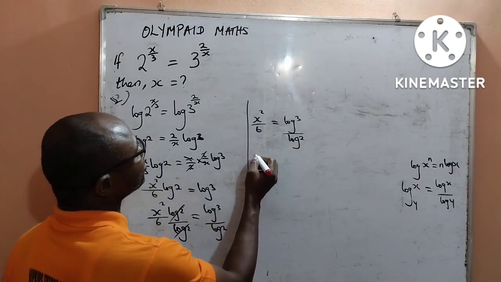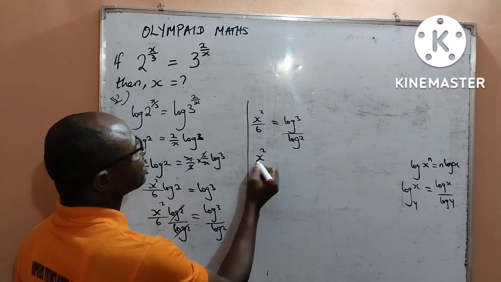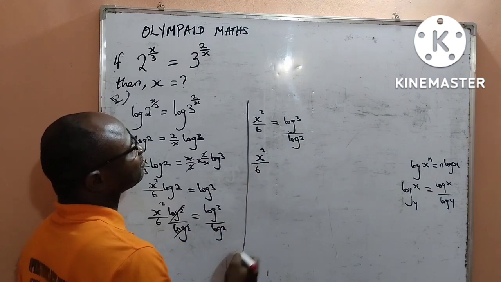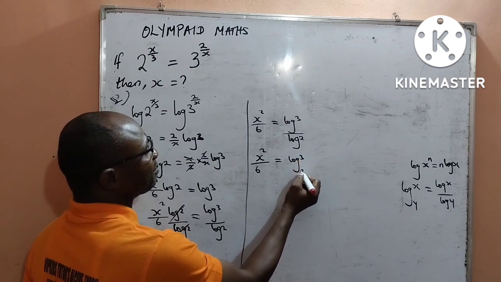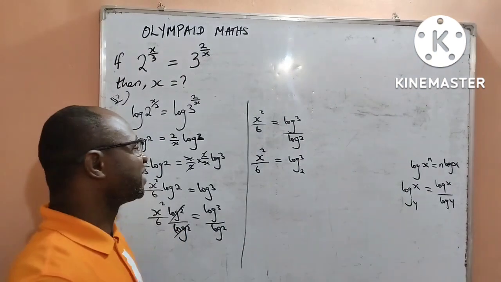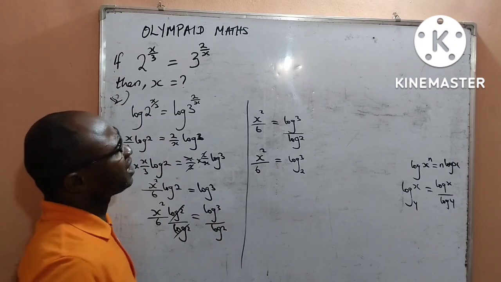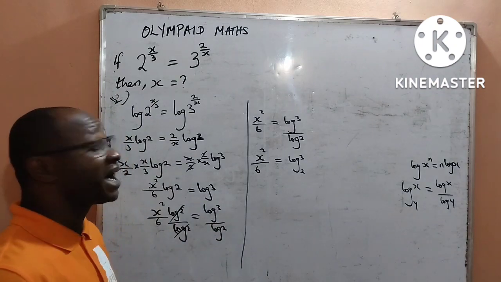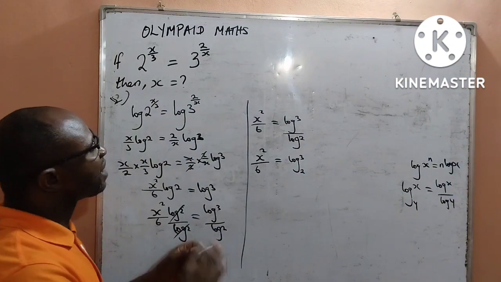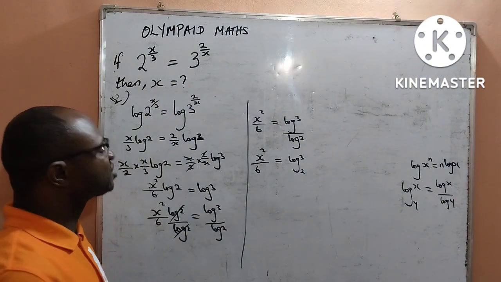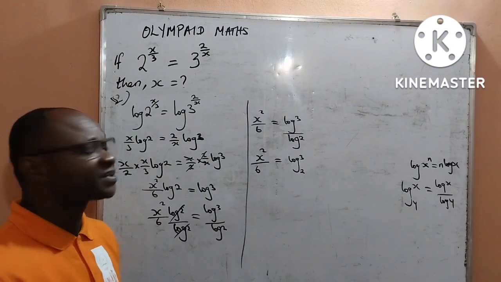When that happens, what we shall have is x raised to the power 2 over 6 equal to the log of 3 base 2. I've applied change of base to the right hand side. Now, remember our target. Our target is simply to get the value of x. So we are making everything beautiful to ensure that the value of x comes out.